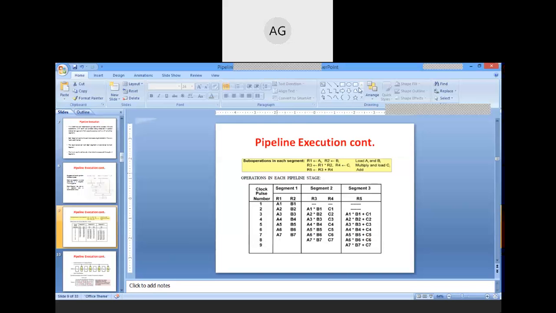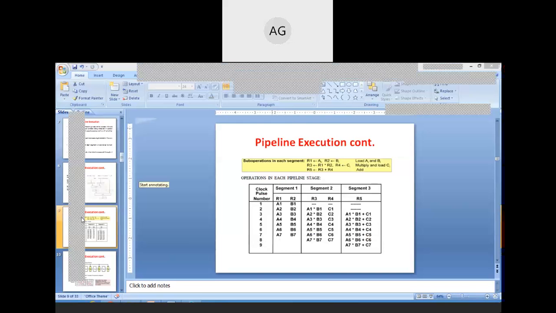As you can see here, in segment 1 we have 7 clock cycles, so A7 and B7 is there. But in segment 2, this A7 and B7 comes in the 8th clock cycle. And in segment 3, this A7 and B7 comes in the ninth clock cycle.